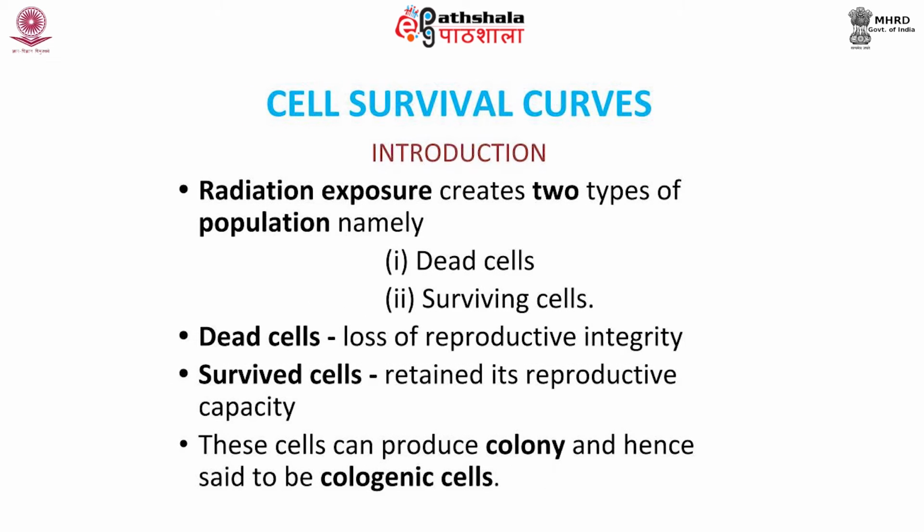So now we pass on to the cell survival curve, which is very important to understand the radiation effect. Radiation exposure creates two types of population, namely dead cells and surviving cells.